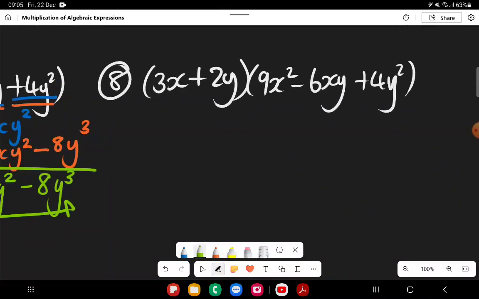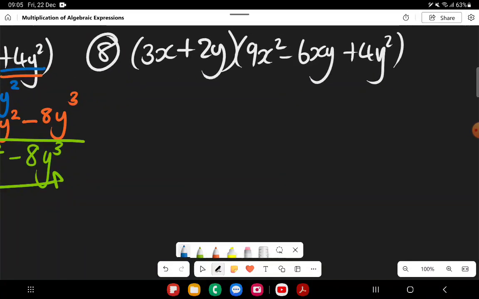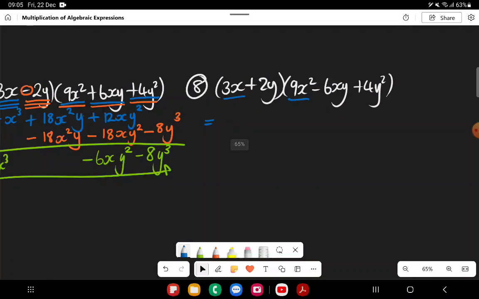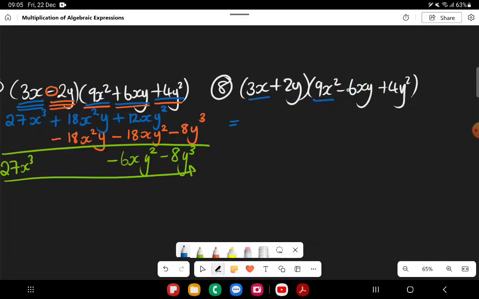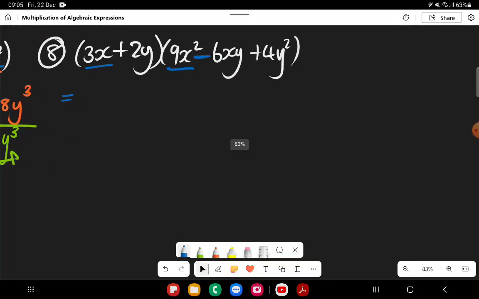Next, final question. We are going to say 3x times 9x squared. I think it's the same question, but we've got a minus here, and in this one we had a minus there. Okay, let's see how that changes the answer.